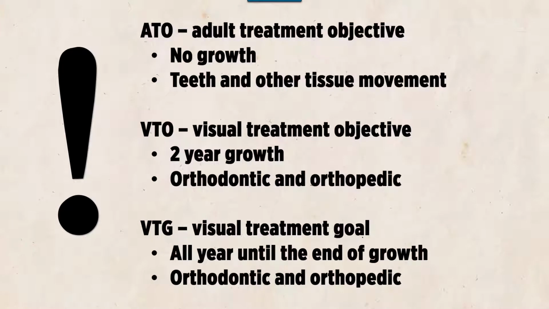There are different abbreviations for the process of computerized planning and predictions. I picked those: ATO, VTO, VTG. ATO stands for Adult Treatment Objective. VTO includes up to 2 years of skull growth, and VTG means Visual Treatment Goal, and also prediction of skull growth to maturity, so over several years.